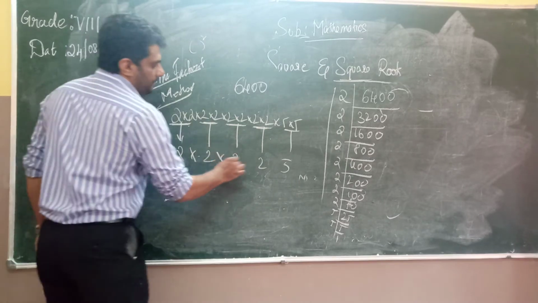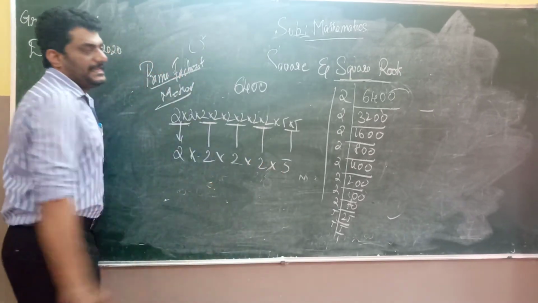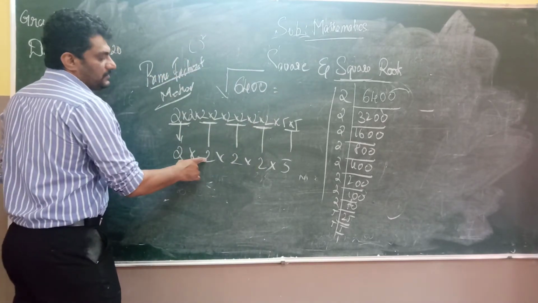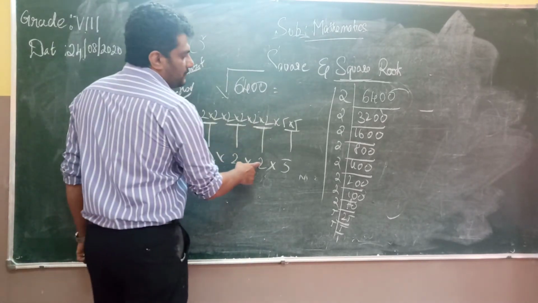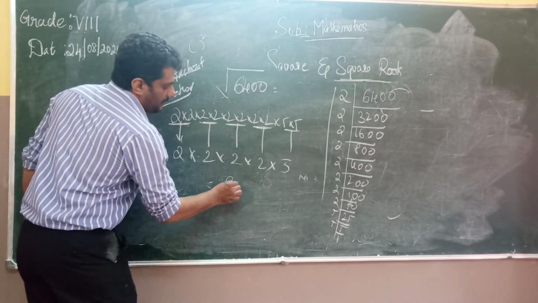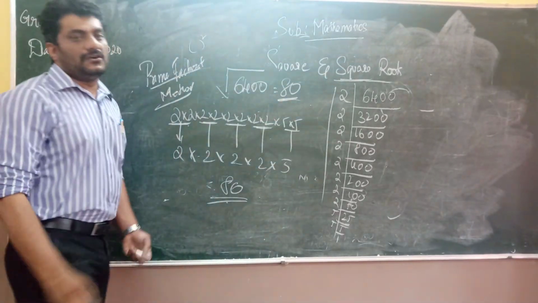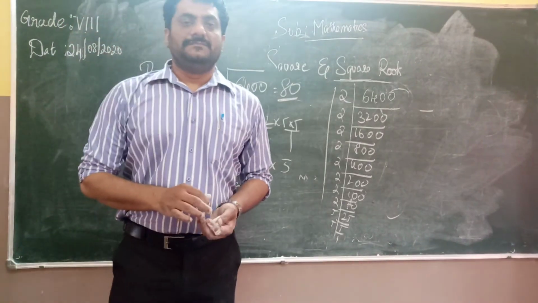Multiply them all. 2 twos are 4, 4 twos are 8, 8 twos are 16, and 16 into 5 is 80. So this is the answer. This is called the prime factorization method.